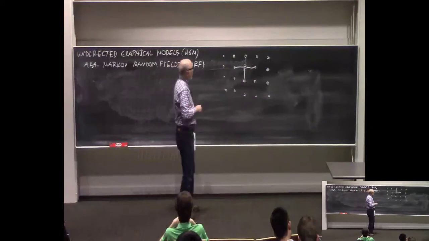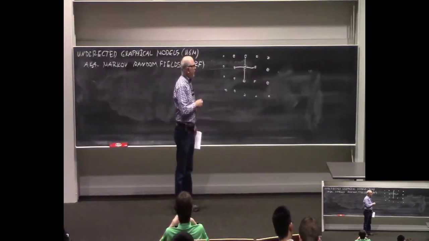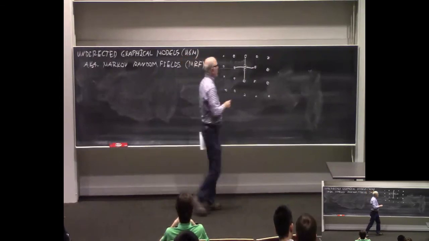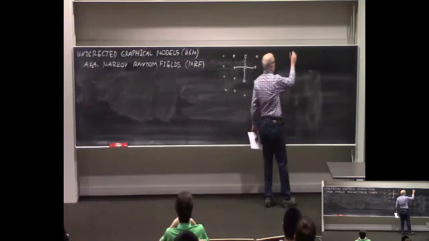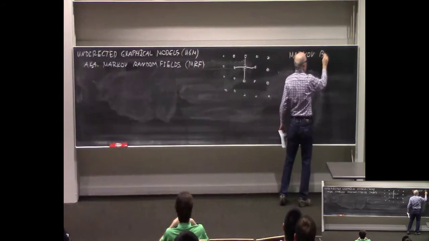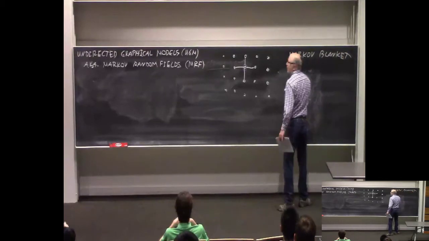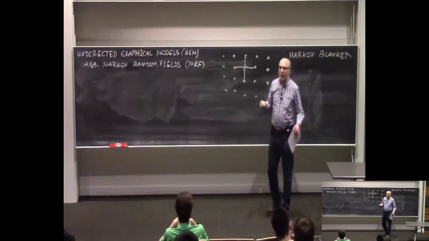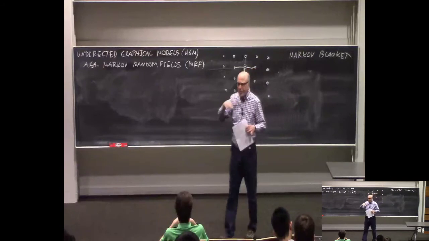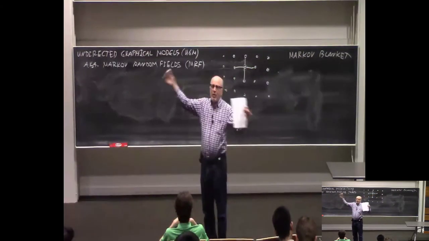Now, to fully define the conditional independence assumptions that we make here, I'm going to define something called a Markov blanket. A Markov blanket is a set of variables that together shield one node from the influence of all other nodes.